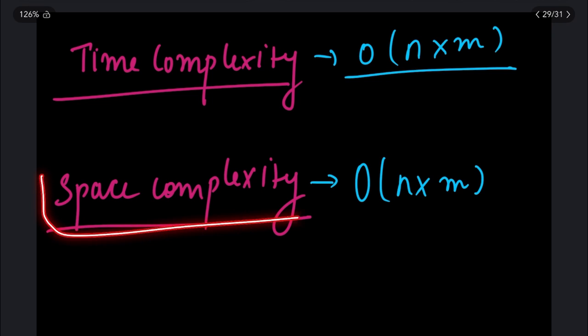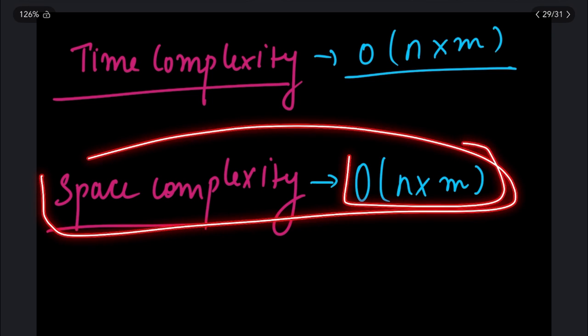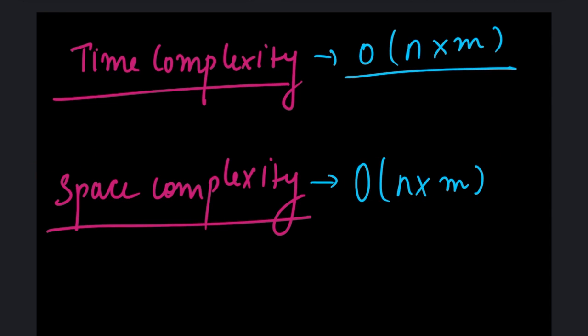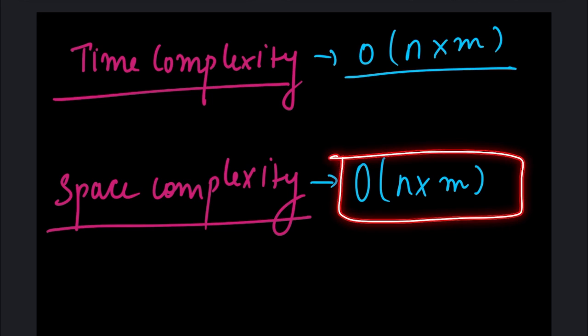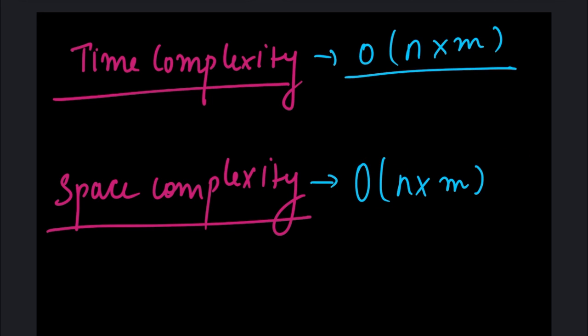And the space complexity would be big O of n cross m. Why big O of n cross m? Because we take the space complexity as the space we use to solve the problem. We used an n cross m grid to solve this problem. So yes, the space complexity would be big O of n cross m.